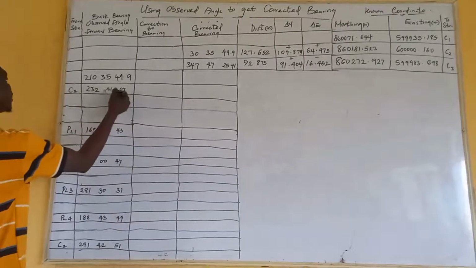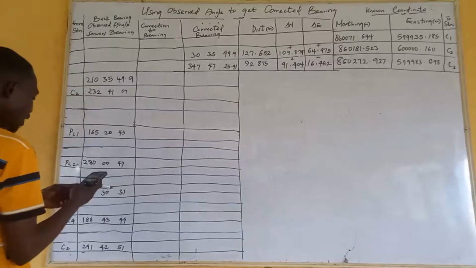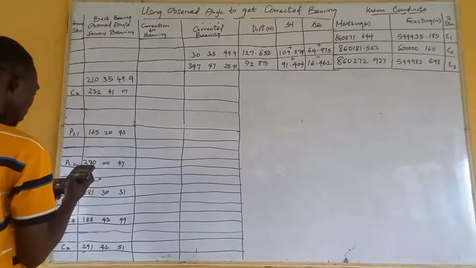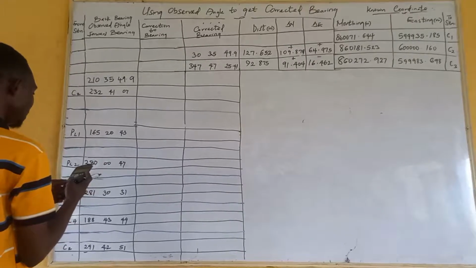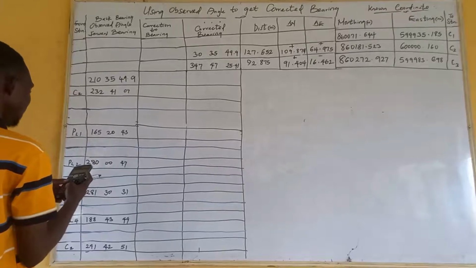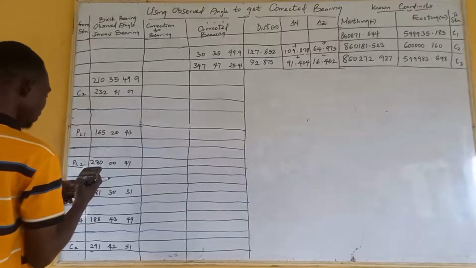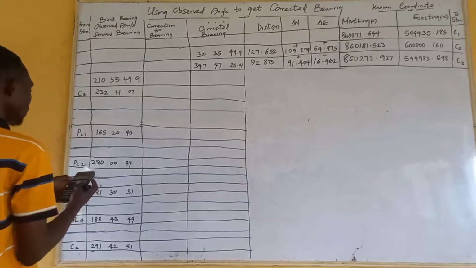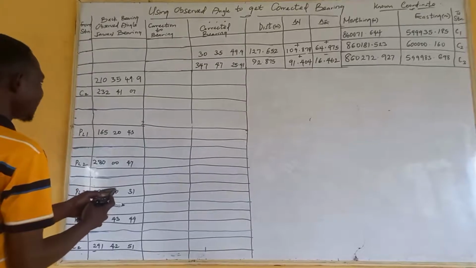So you add these two together: 210 degrees 35 minutes 49.9 seconds plus 232 degrees 41 minutes 7 seconds is going to give me 443 degrees 16 minutes 56.9 seconds.